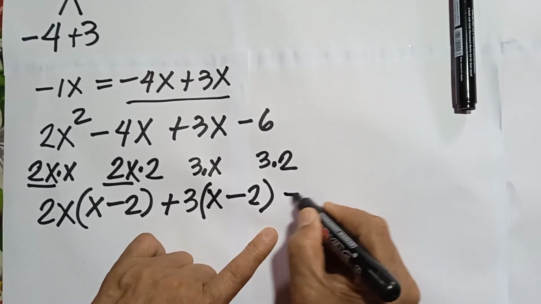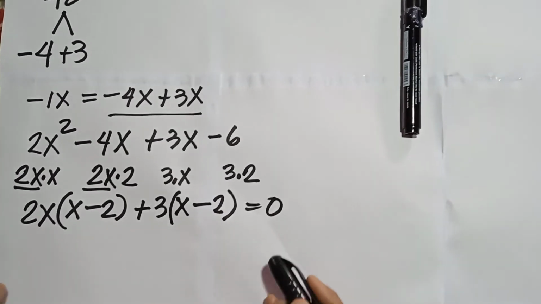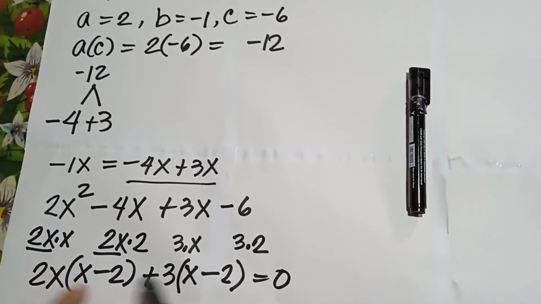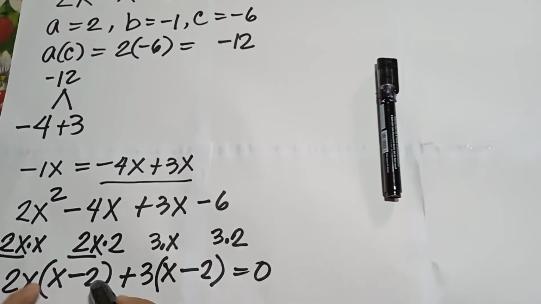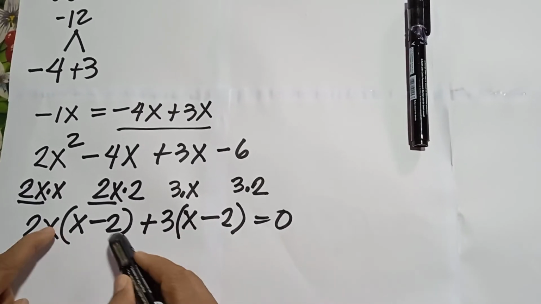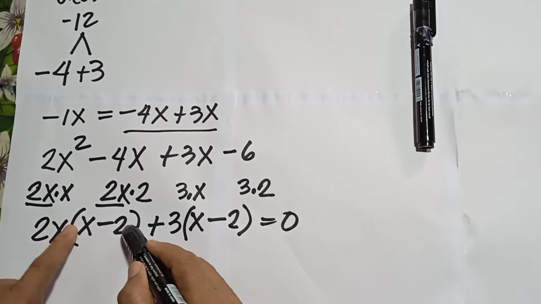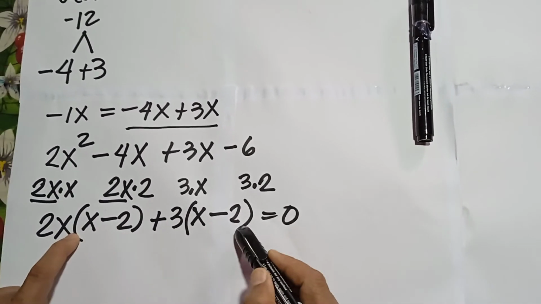Equals 0. This is your indicator: if the terms inside the parentheses are the same, your factoring is correct. But if the terms inside the parentheses are not the same, then your factoring is wrong.